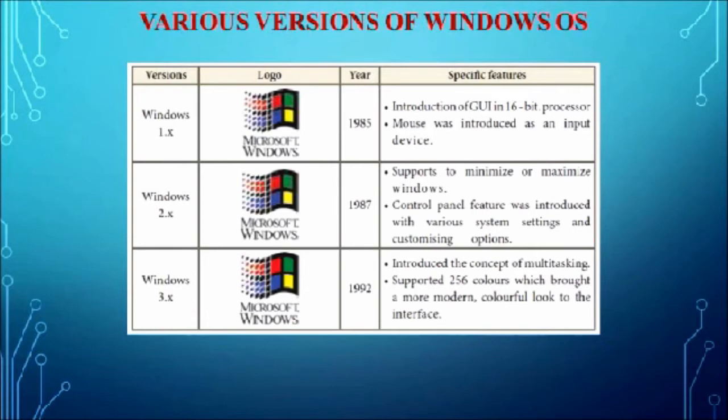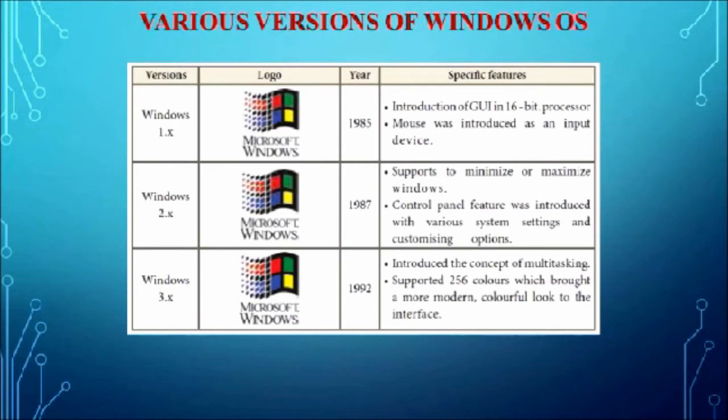Now in Windows operating system of any version, you can see the minimize and maximize buttons on the top right corner of the window. This feature was introduced and implemented in the second version of Windows, and it also introduced the control panel feature with various system settings and customizing options, controlling the overall activities of the Windows operating system.